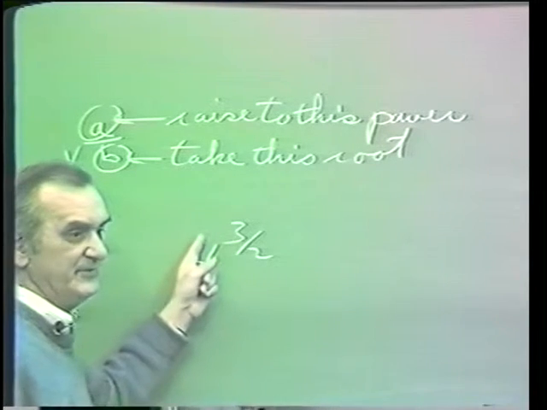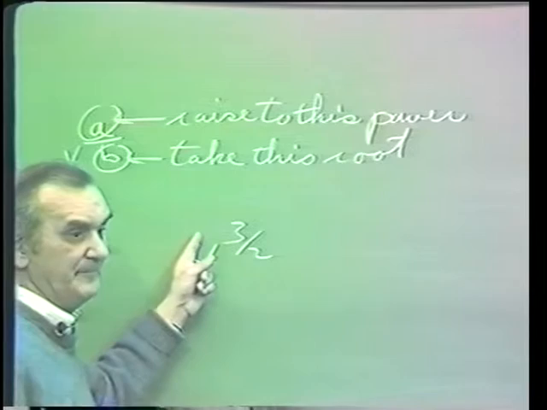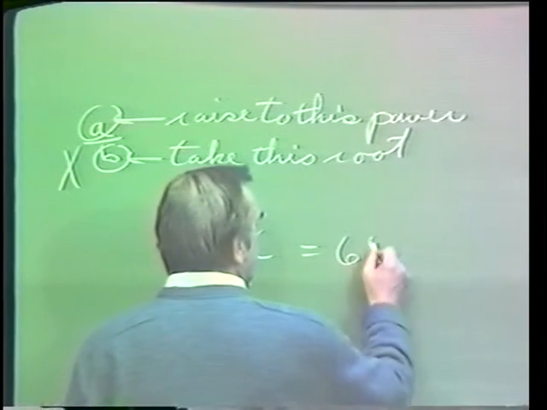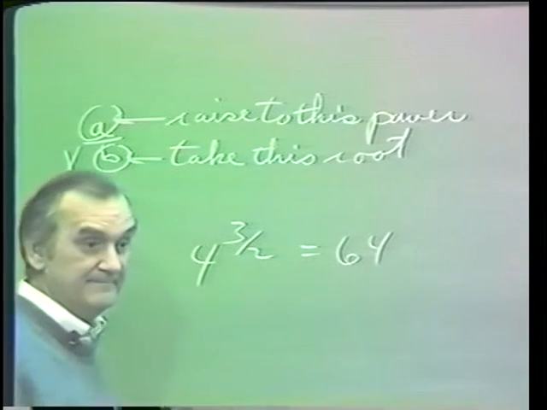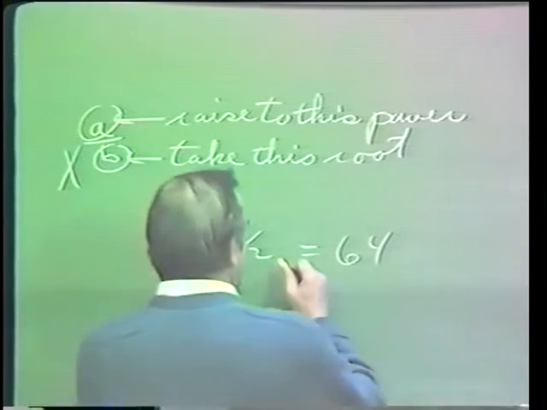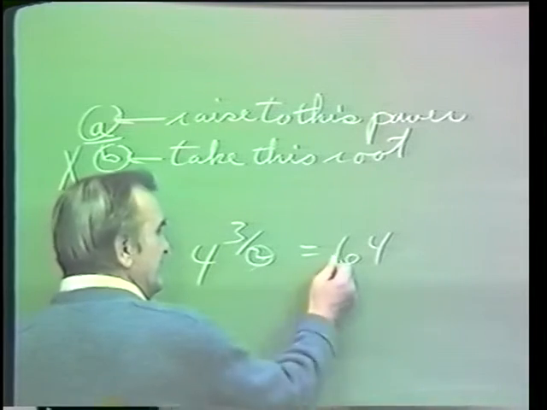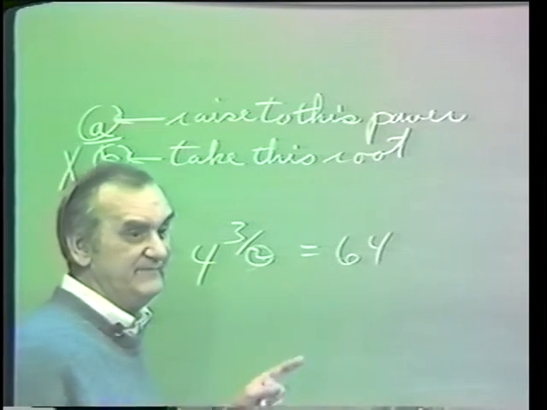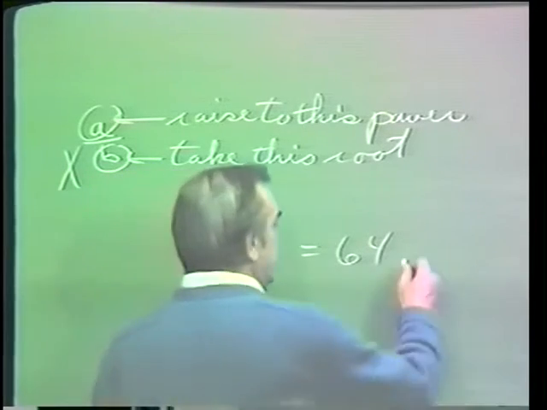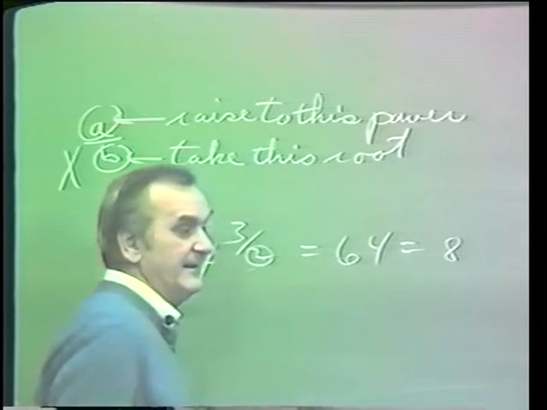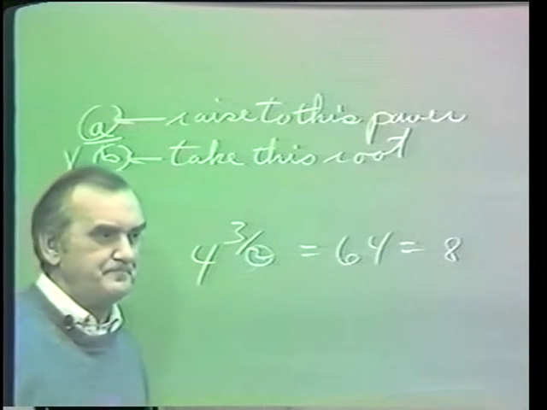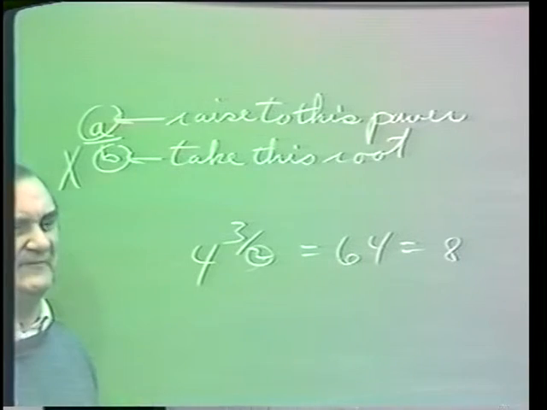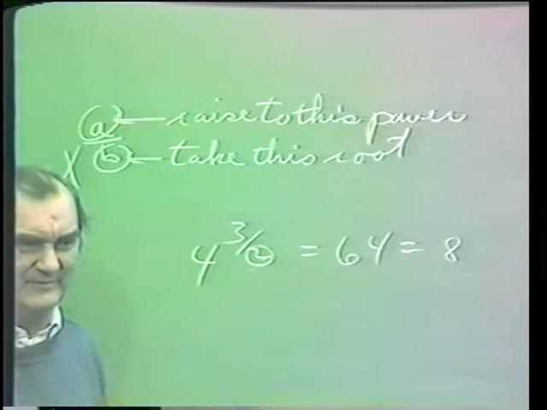So what we have to do is raise 4 to the 3rd power. Well, if we do that, we come out with 64, right? Now it says, hey, take this root of that number. Take the second root. The square root of 64 is 8. And there's our answer.